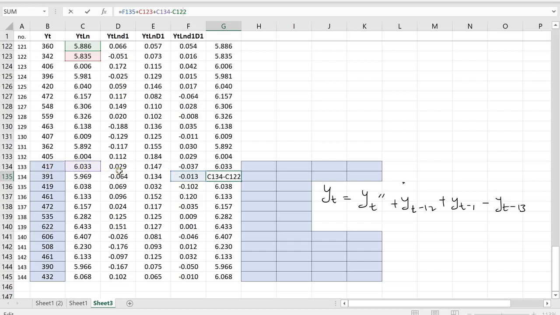So instead of taking this one, we take the previous forecast data, because we undifference the data one by one, right? So now this one is okay. The first one, we already have this data, this one is from the forecast.